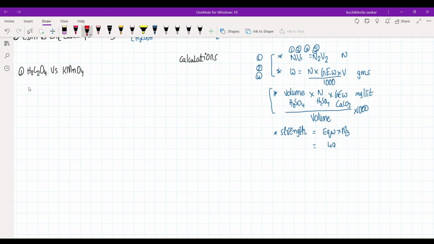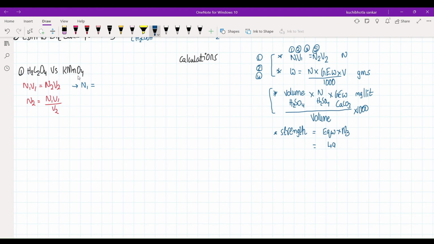So what you do is, in the first experiment, H2C2O4 versus KMnO4, it is a simple one-step titration. You are going to apply the formula N1V1 is equal to N2V2, and from this you are going to calculate N2 is equal to N1V1 by V2. So N1 is traditionally taken as the quantity that we know before. So the N1 is normality of what? The standard solution here is KMnO4 solution.